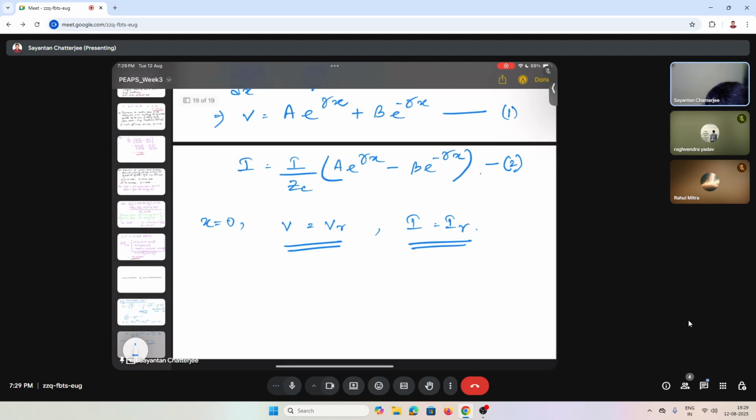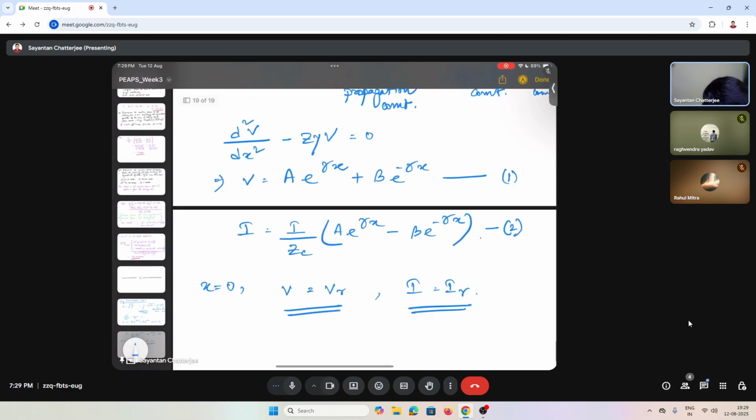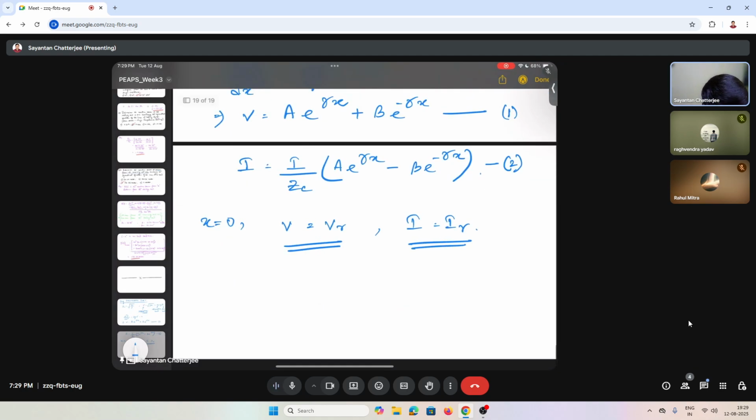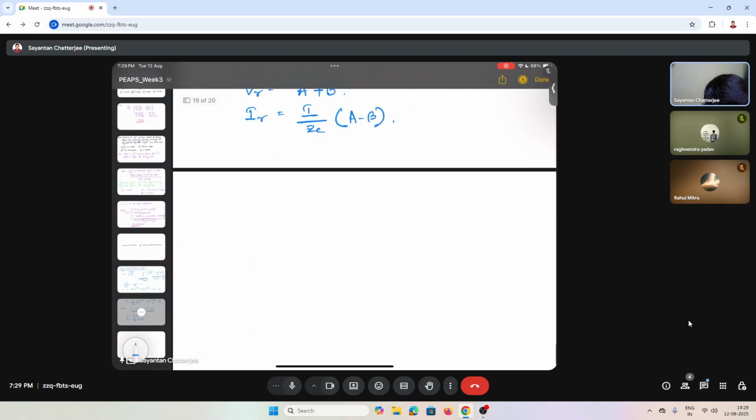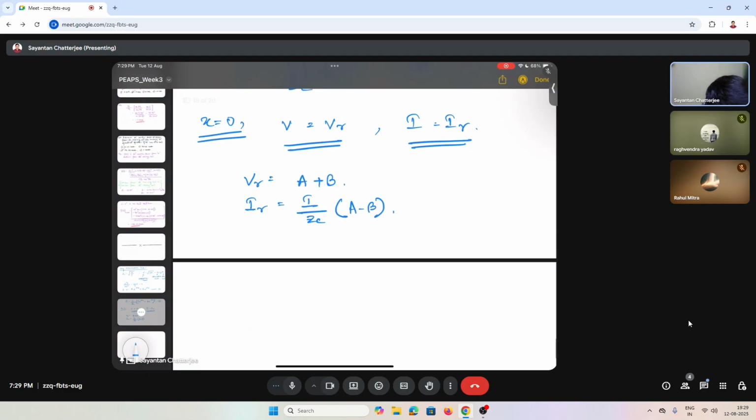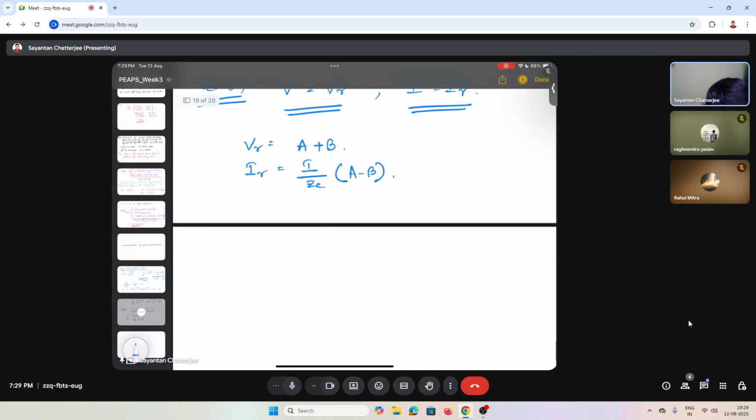Now what we can do is that if we plug in those values of 0 here, what we'll be left with is VR equal to A plus B, right? And IR will be 1 by ZC into A minus B. Okay. So based on these values, this consideration that x equals 0.